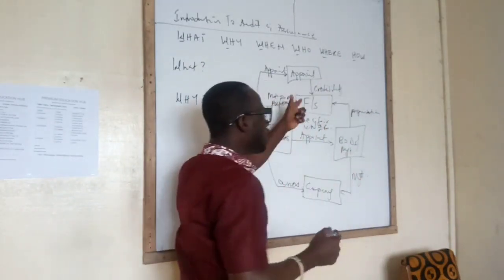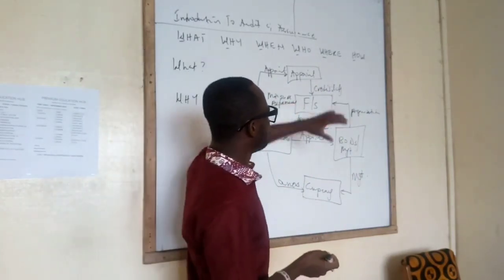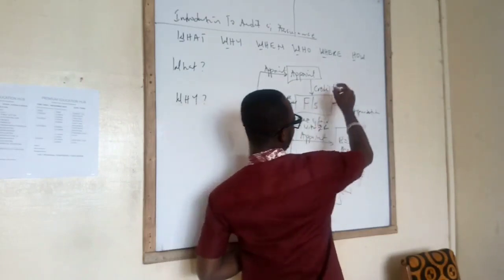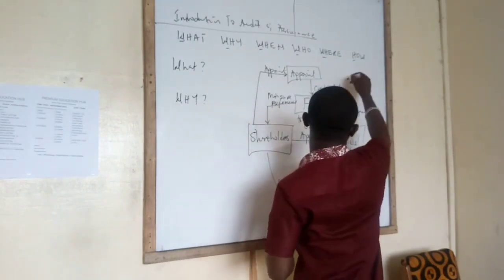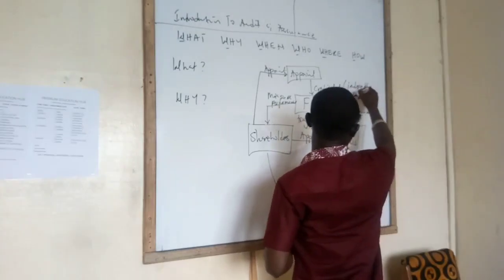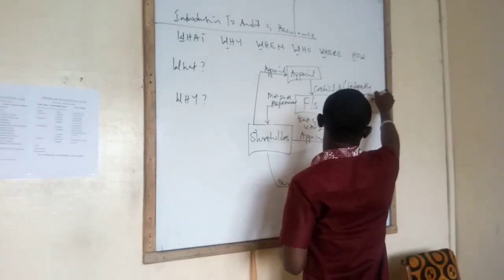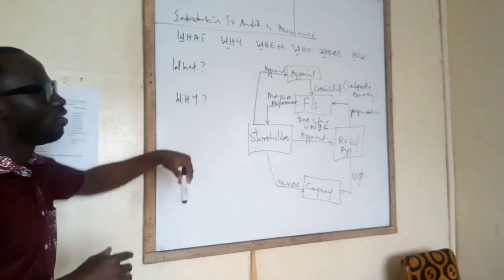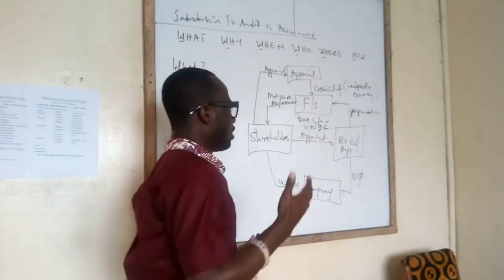The auditors are there to independently examine the financial statement. That is how the issue about auditing comes to be.